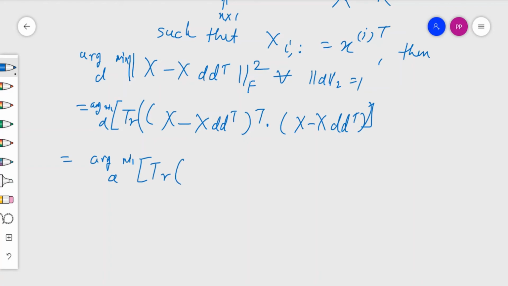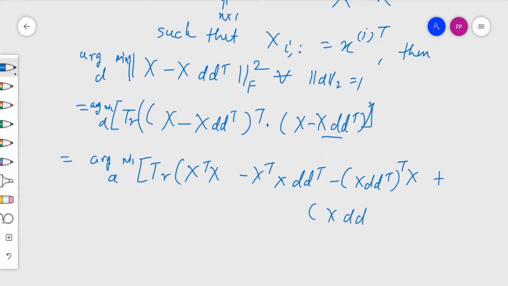So this is the same as argument minimum d, then trace of, just expanding it, X transpose X, then minus X transpose X d d transpose, the second term over here, then minus the transpose of X d d transpose into X, and then plus X d d transpose transpose, and the last term X d d transpose.